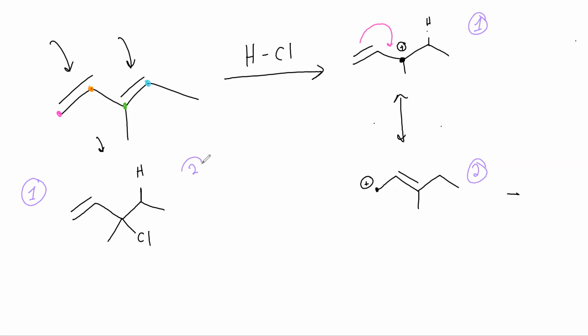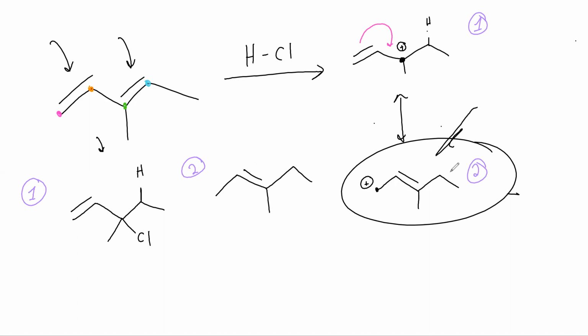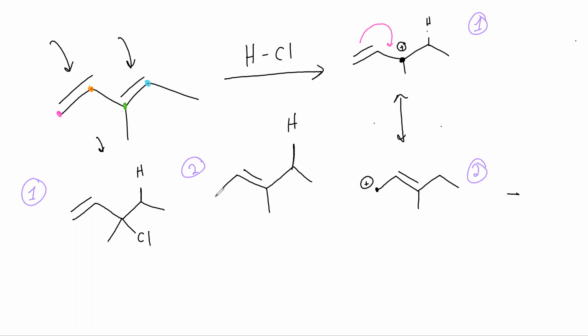For product number 2, we can see that the double bond has changed places because we're using this resonance structure now. And so that means that our hydrogen is over here, and now our chlorine is over here, okay? And so now we have these two different products. And these two different products have names that depend on where you've added your hydrogen and where you've added your halogen, okay?